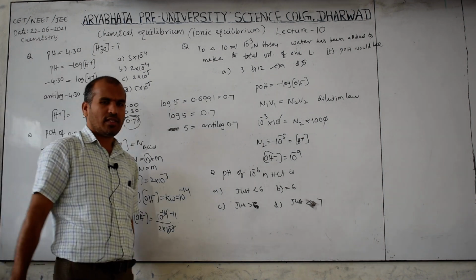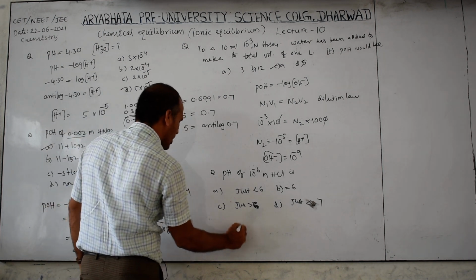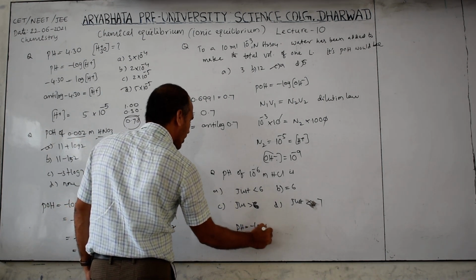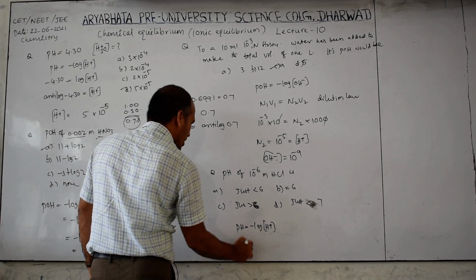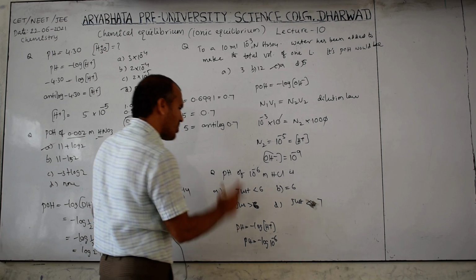Then how to answer? Students generally calculate like this, because we know the pH is equal to minus log of H plus ion concentration. Then pH is equal to negative logarithm of 10 power minus 6, so you will get answer B.